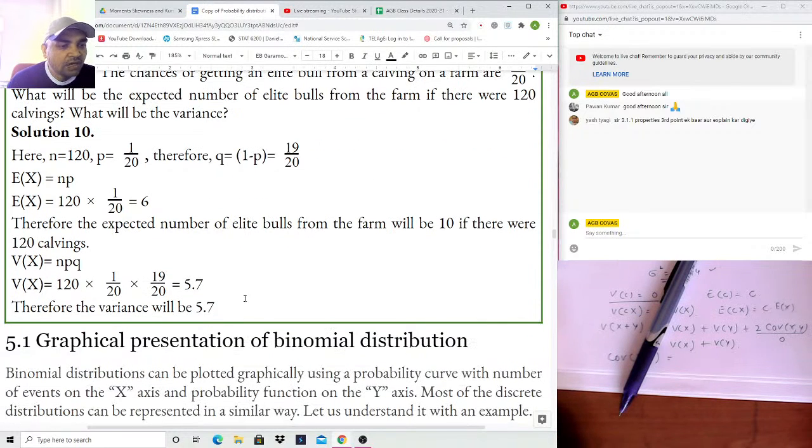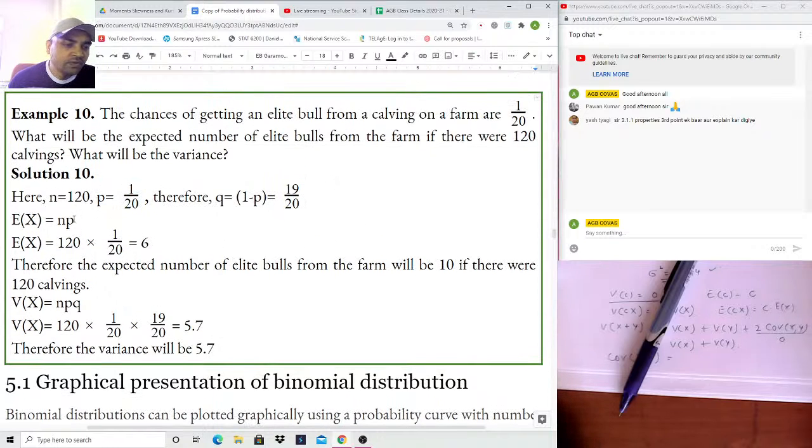Here n is 120, p is 1 by 20, so q will be 19 by 20. The expectation of a binomial distribution, from the formula we know, is equal to np. So it will be 120 into 1 by 20, which is equal to 6.